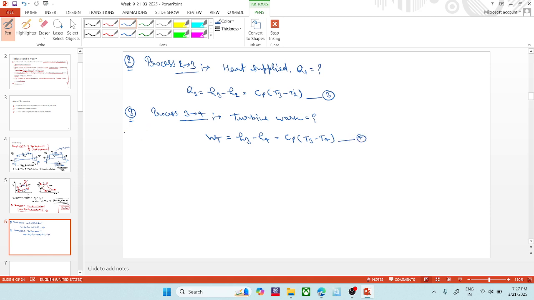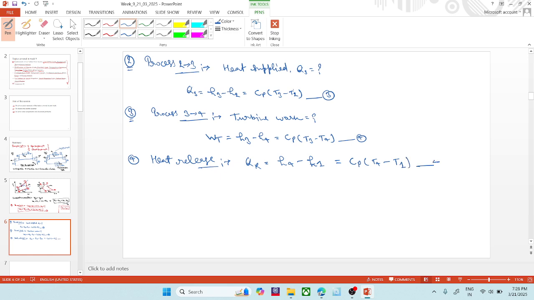And the last process is the heat release. Heat release QR is equal to H4 minus H1, which would be Cp T4 minus T1.